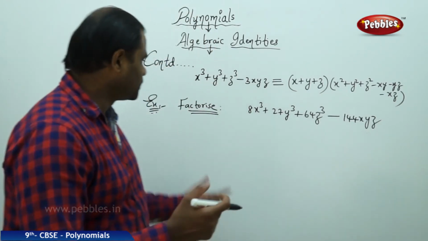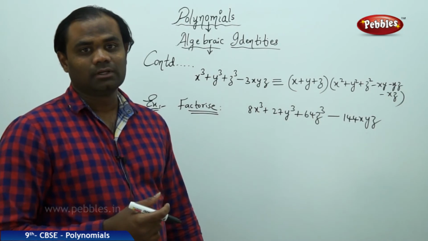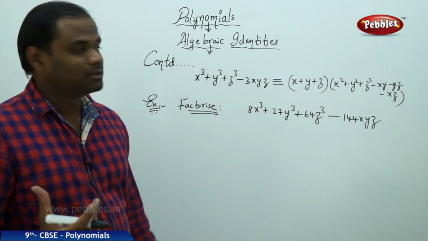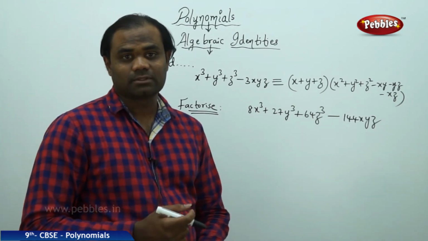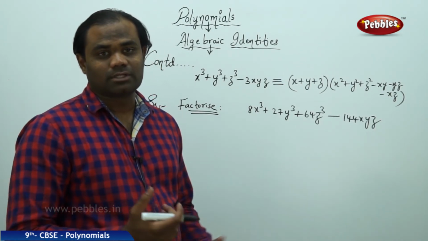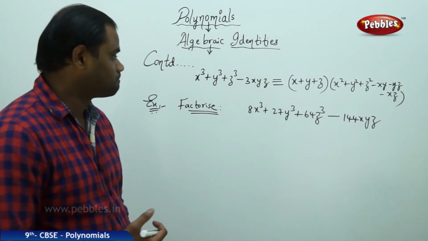So let's see how we can factorize this polynomial, which is in more than one variable, x, y, and z being the variables, using the concept of the algebraic identities.